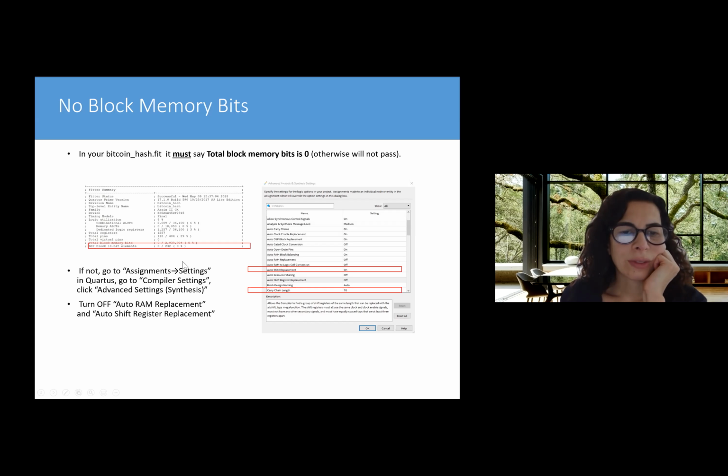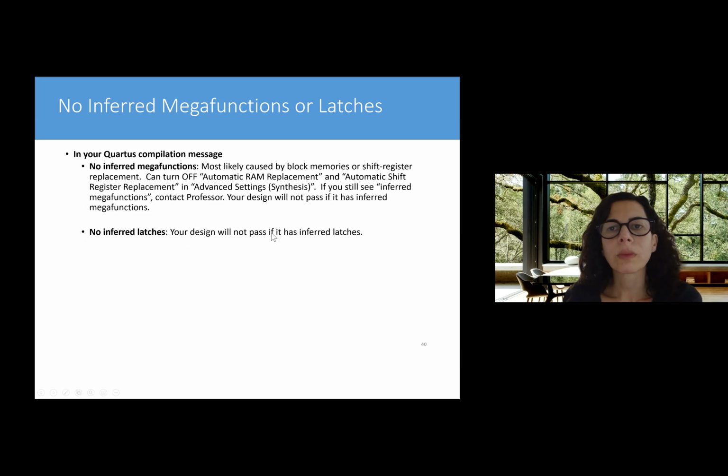And if this is not the case, go to the assignment settings and then go to compiler settings, and then turn off these knobs to make sure that you have the right setup for your simulation. Then again, as I mentioned, we don't want these latches inferred.